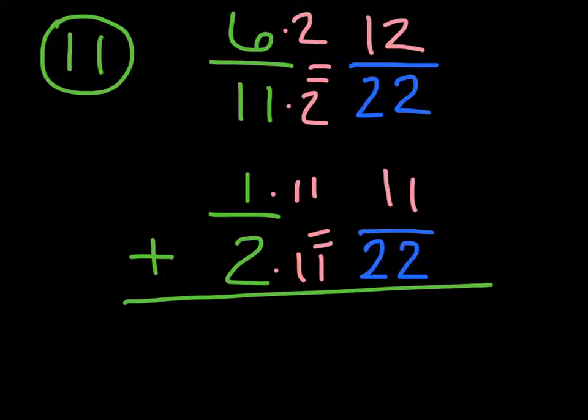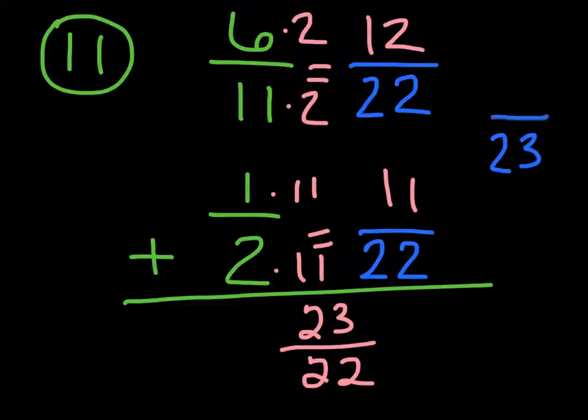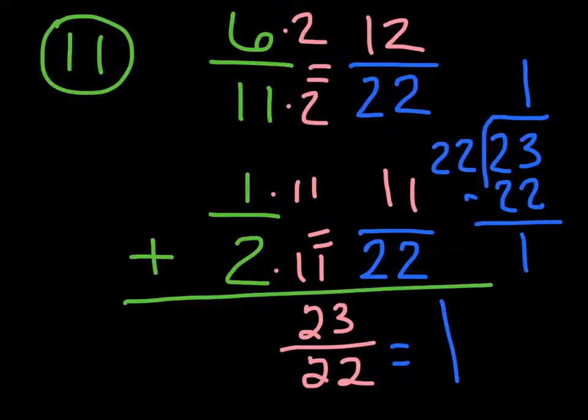That should give you 23 over 22. You want to change it to a mixed. You're going to divide 23 by 22. Top in, bottom out. Goes in one time. That's your whole number. Subtract. Your remainder is your numerator. And your denominator is going to stay the same. So your answer is 1 and 1 over 22.